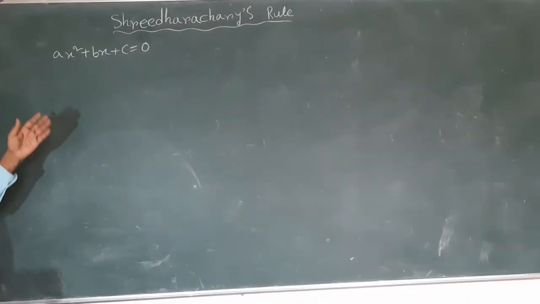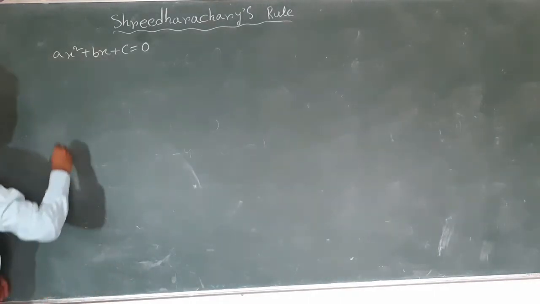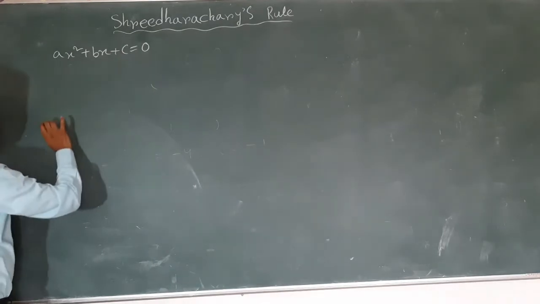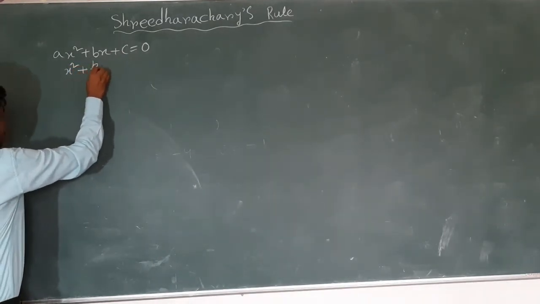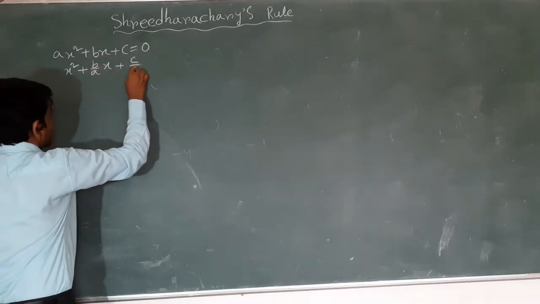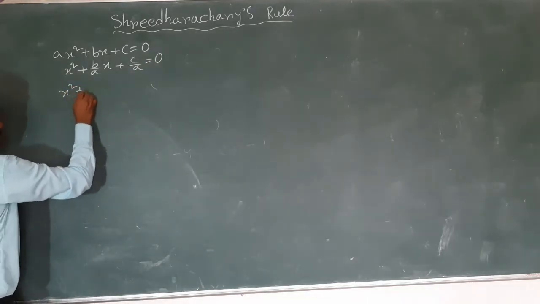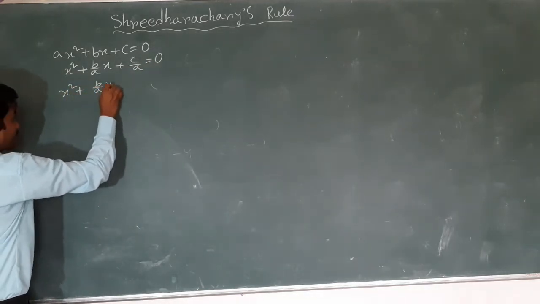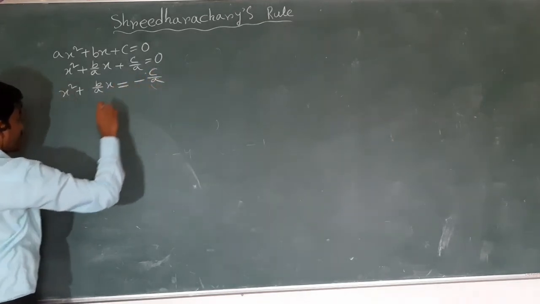Suppose ax square plus bx plus c is equal to 0 is a given quadratic equation. Now we divide both sides by a. Then we get x square plus b upon a into x plus c upon a is equal to 0. Now x square plus b upon a x is equal to minus of c upon a.